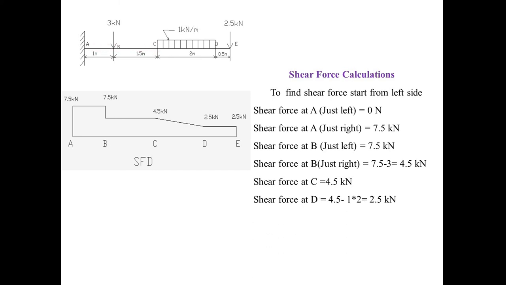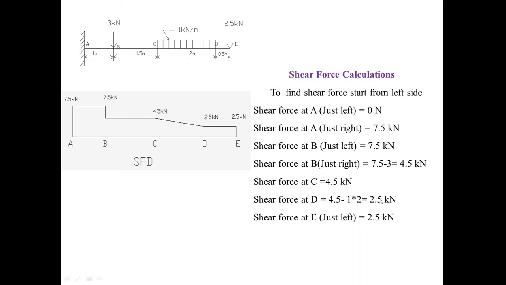After C we get the same, but at point D the uniformly distributed load will be added. So 4.5 minus the magnitude 1 multiplied by 2 comes as 2.5.